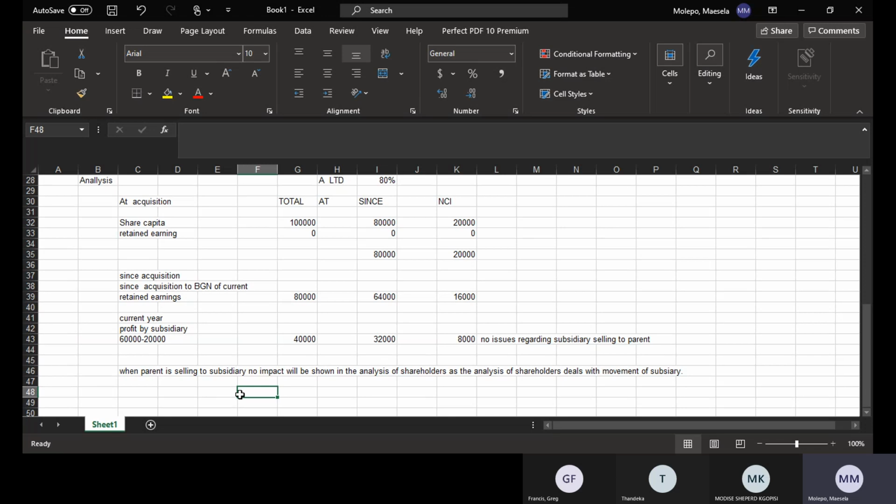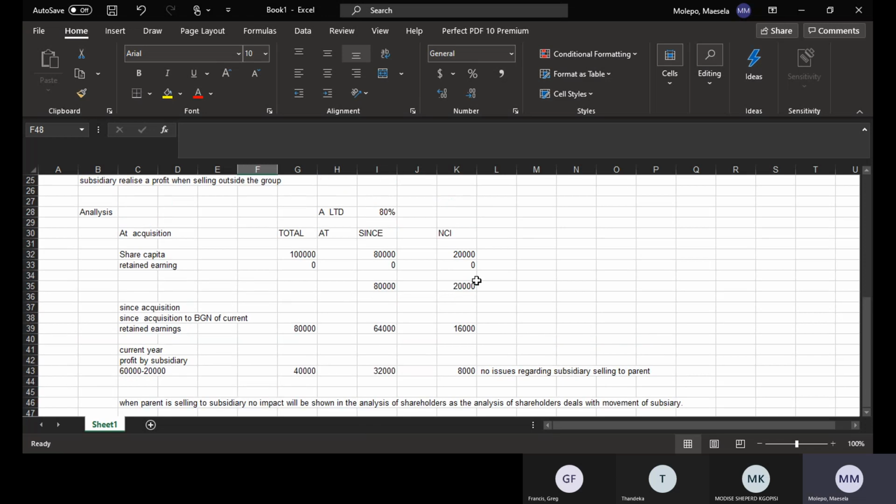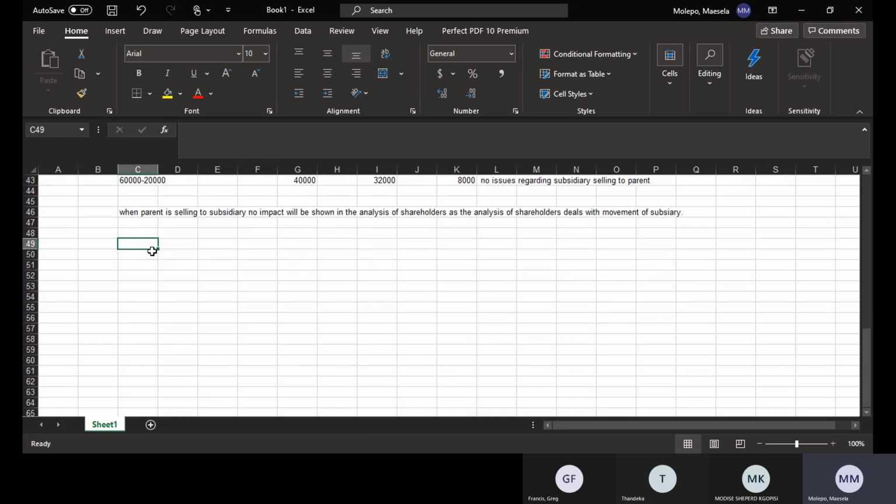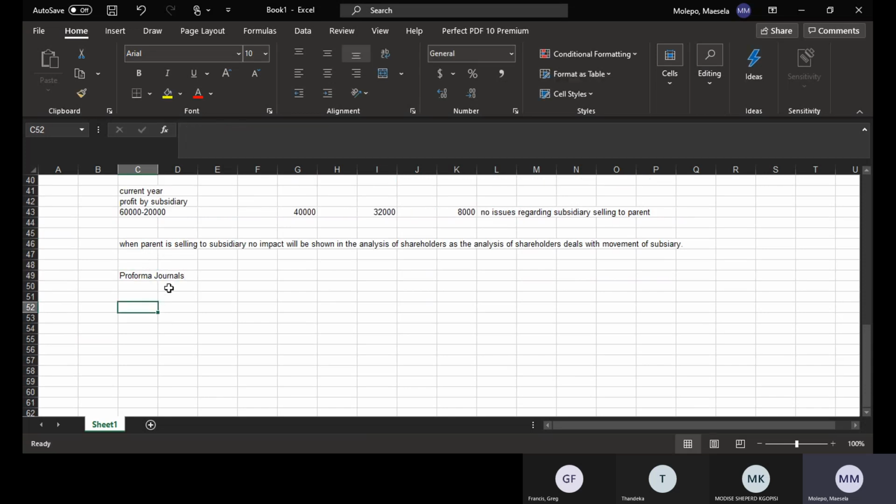Then let's continue further. We're going to tackle the consolidations, or the pro formas. So now we tackled the analysis, we are happy with it. Now we're going to do our pro forma journals, the elimination.